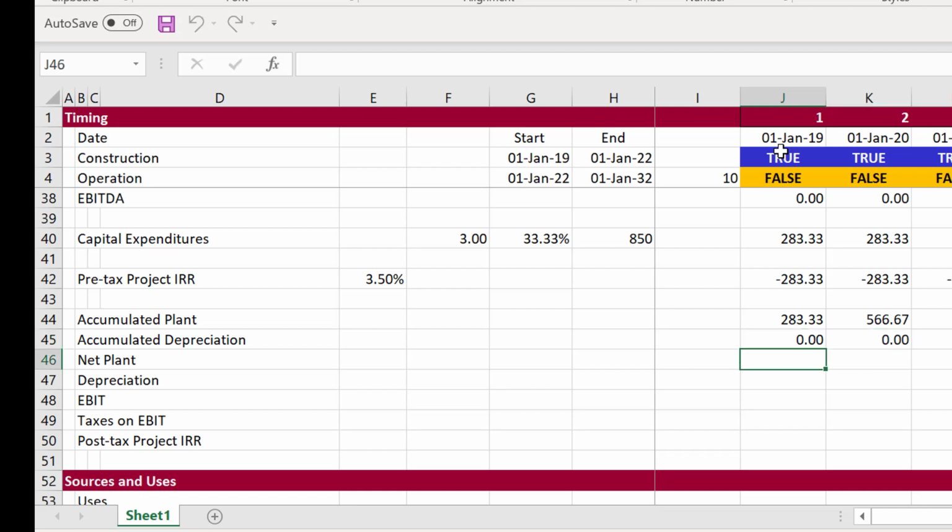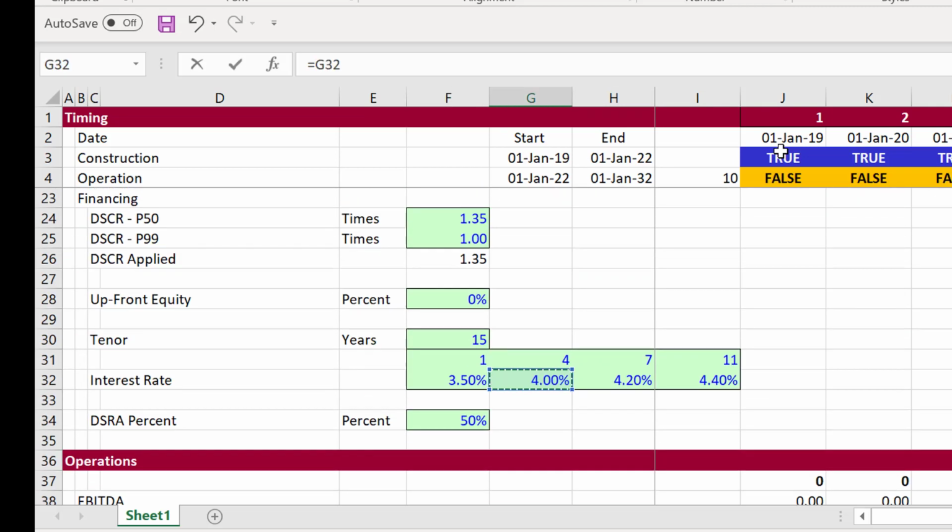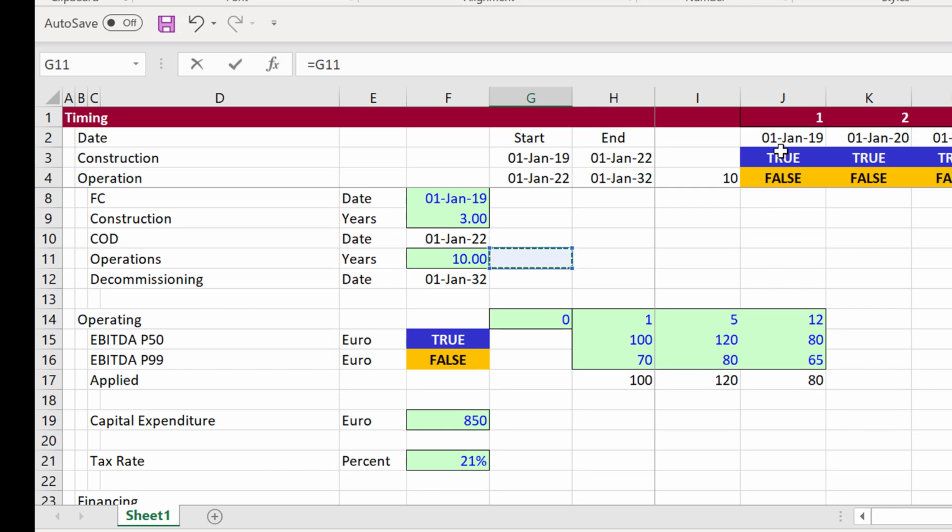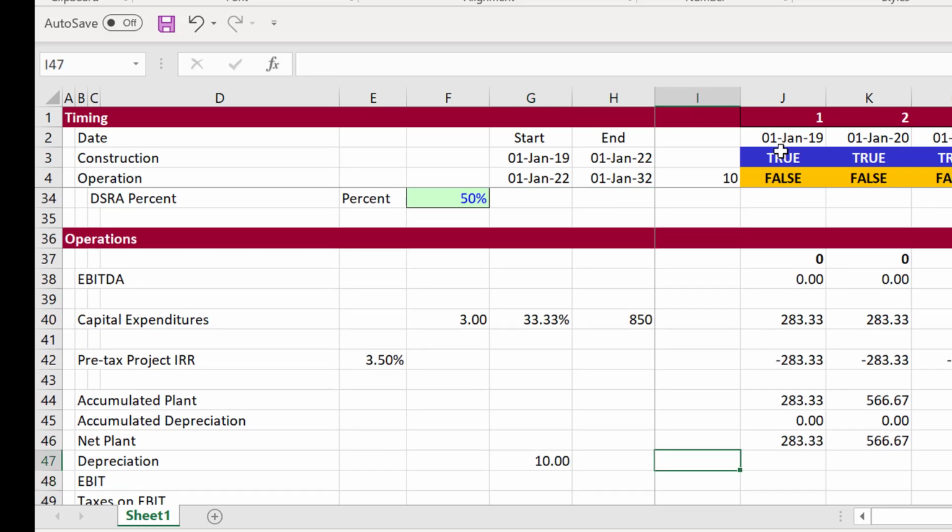Okay, and let's take the difference and call that the net plant. Now, of course, I don't have the depreciation yet, but for the depreciation rate, let's use the lifetime of the project. That's not necessarily true, of course. And we'll take the capex divided by the rate and multiply that by the operation period.